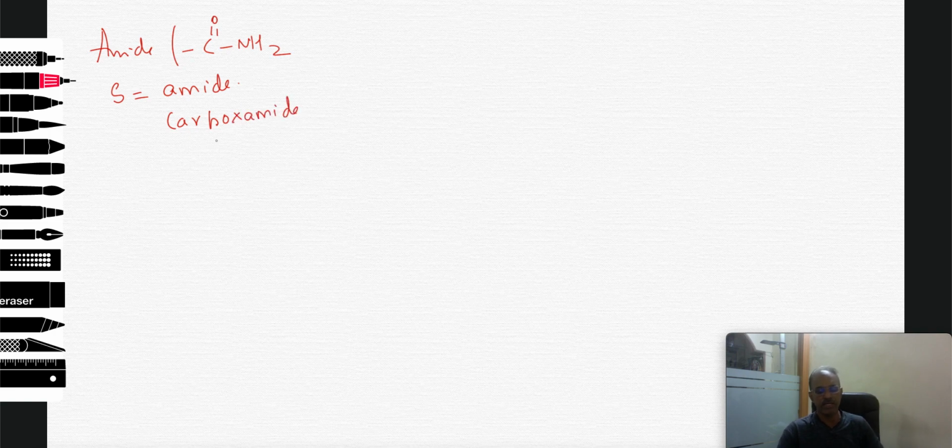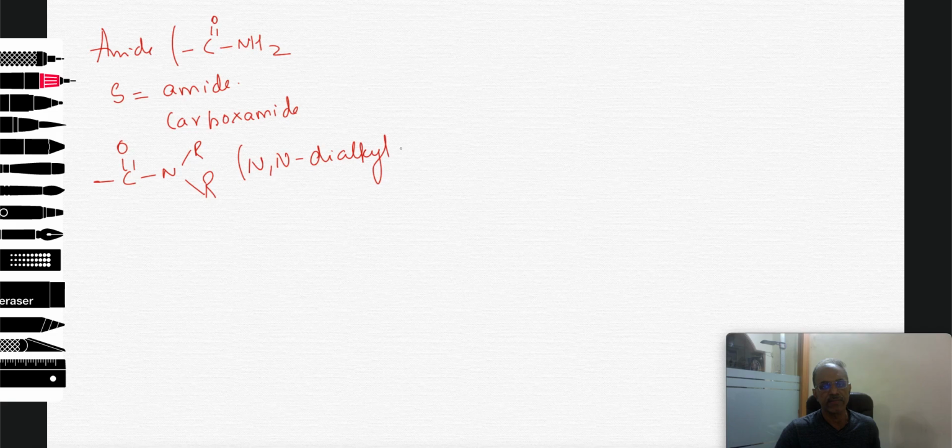Then generally C=O with R and R is known as N,N-dialkyl amide.